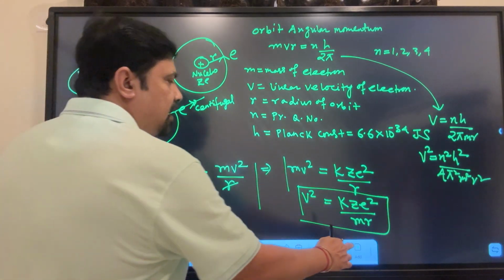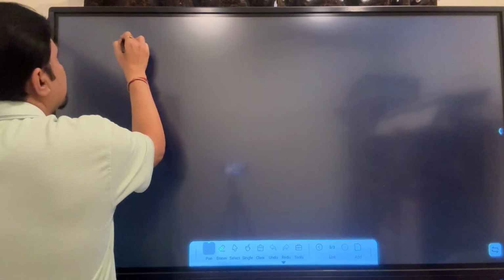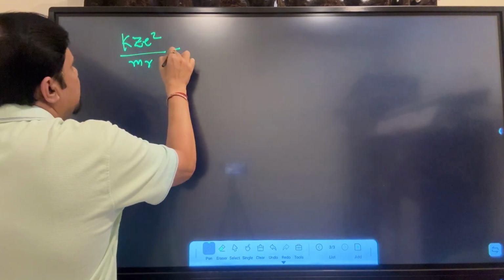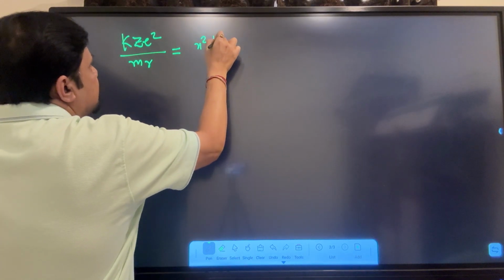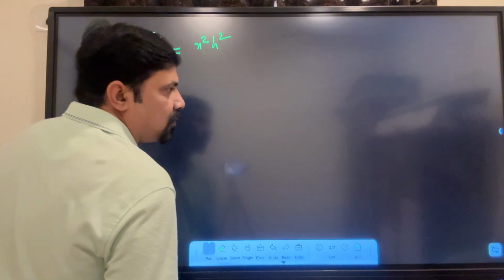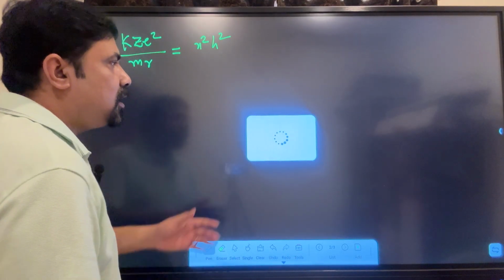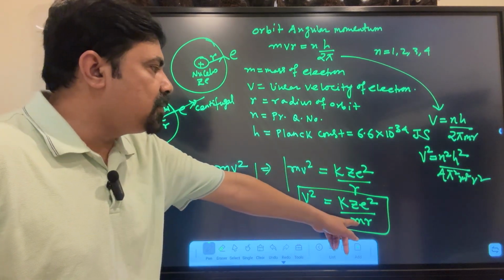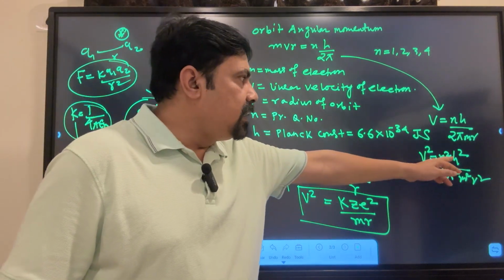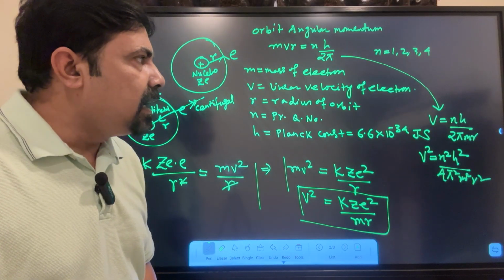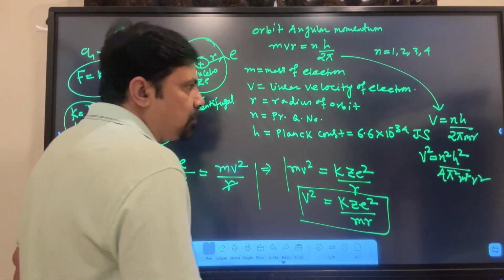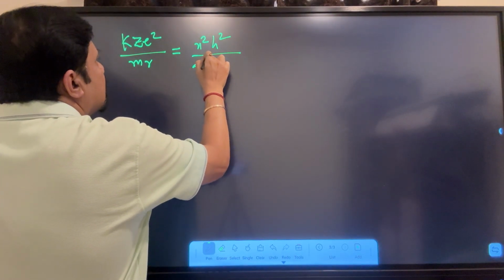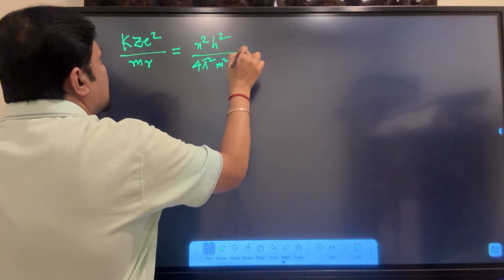So kZe square by mr will be equal to what we got on the previous slide, n square h square by 4 pi square m square r square. We can easily substitute that value here.